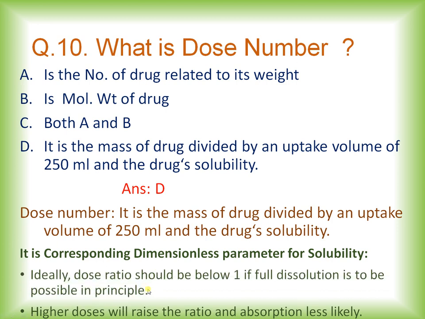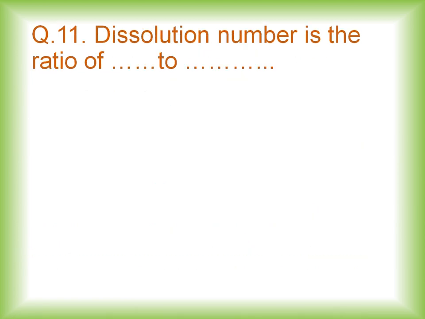Ideally, the dose number should be below 1 if full dissolution is to be possible in principle. If higher doses are present for the drug, it will raise the ratio, and absorption will be less likely to occur.